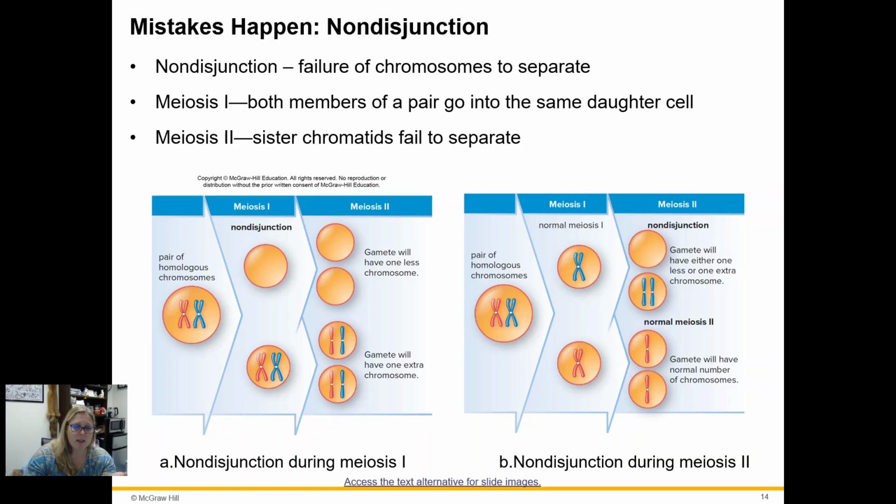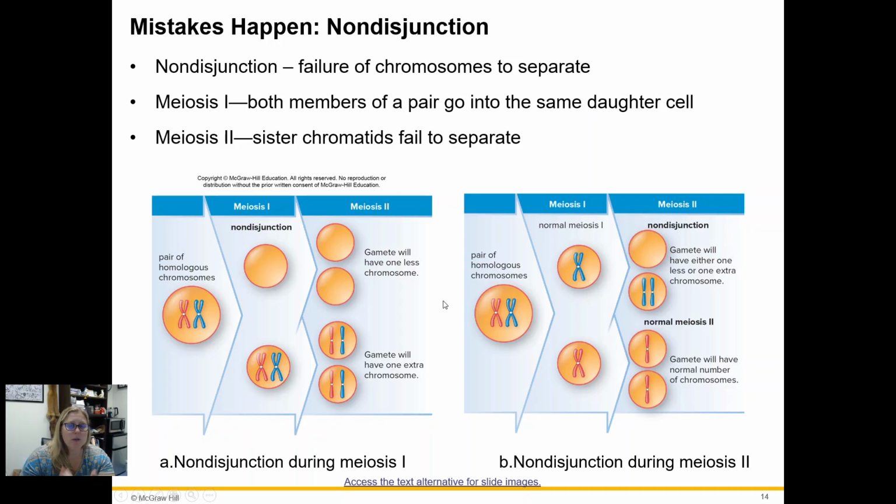But one of the things that we see that's the most common with mistakes in meiosis is something called non-disjunction. Non-disjunction is a failure of the chromosomes to separate. Now, there are 2 times that this can occur because the chromosomes separate at 2 different points. They can separate during anaphase 1 of meiosis 1 or during anaphase 2 of meiosis 2.